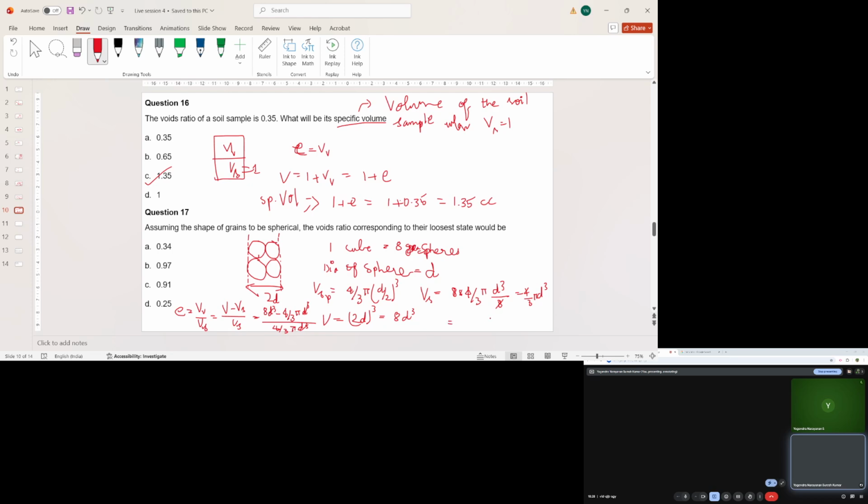It's going to be (8 minus 4 pi by 3) divided by 4 pi by 3, which comes approximately to 0.91. So the voids ratio at the loosest state would be 0.91. I hope this is clear.